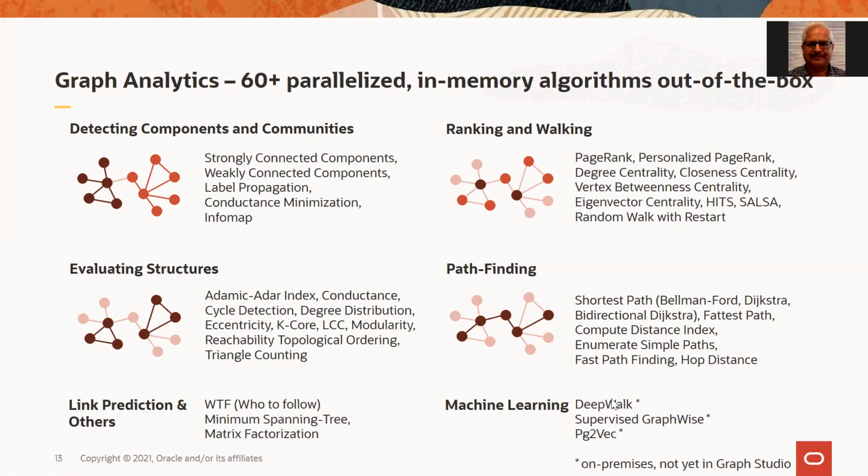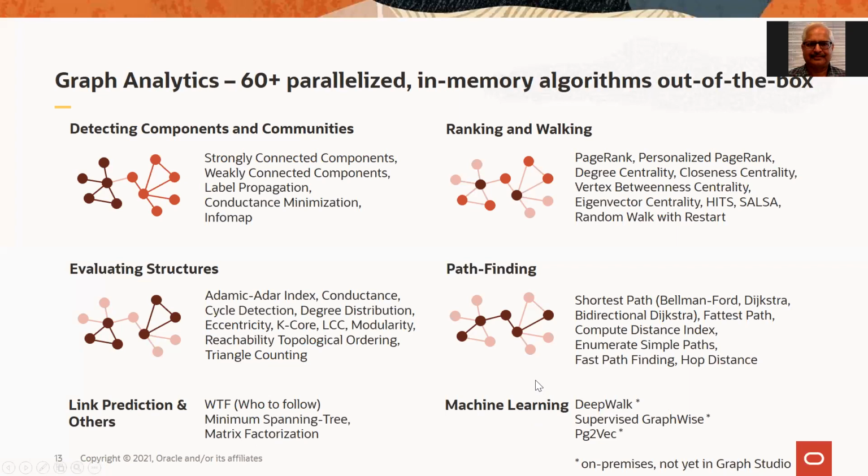Quick remark here, as I said, we just launched the latest release of the on-premise product, which is version 21.1, which has these machine learning algorithms. These are not yet enabled in Graph Studio on Autonomous Database, just so that there's no confusion around this. This is, for the time being, just available on premises. But it's part of the set of 60-odd algorithms which we provide as part of the product.